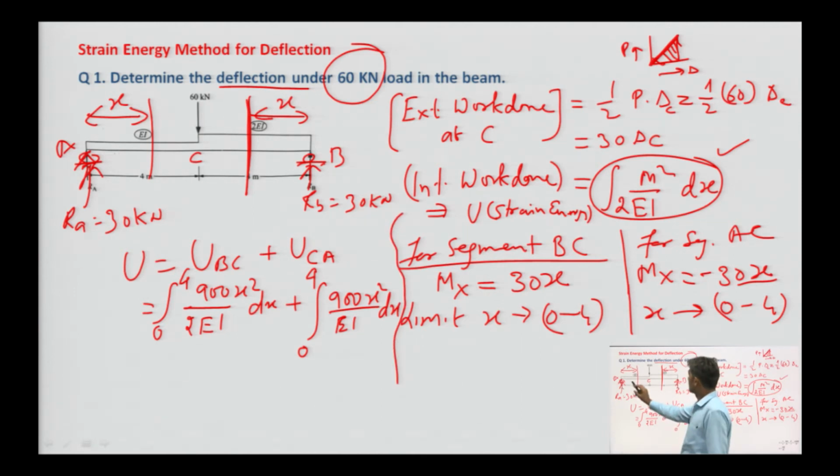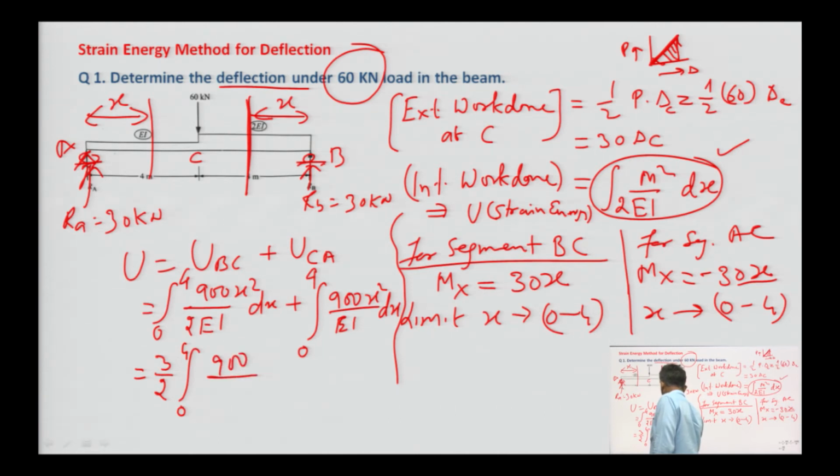So, it is actually 3 by 2 integration of 0 to 4 of 900 x square upon EI into dx.